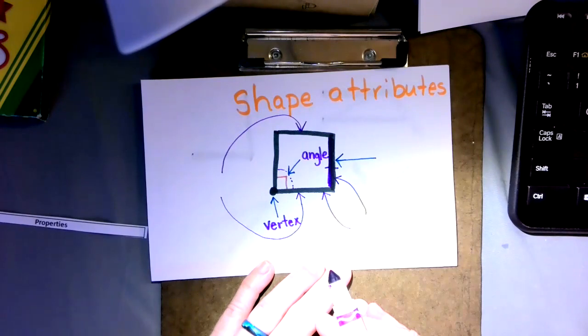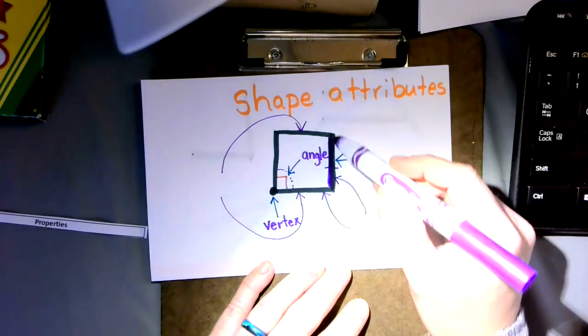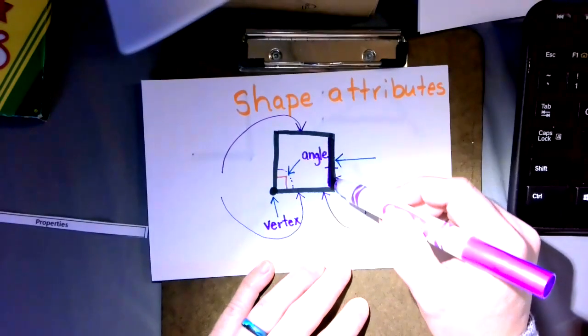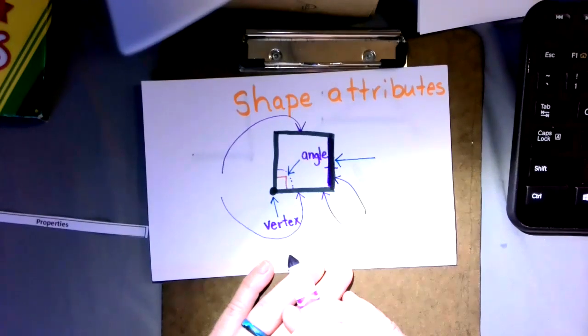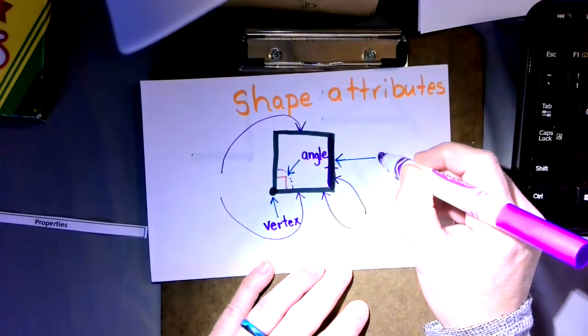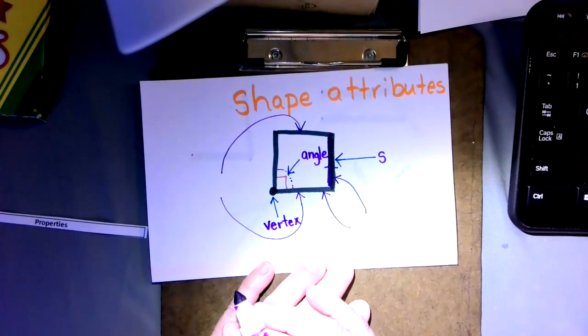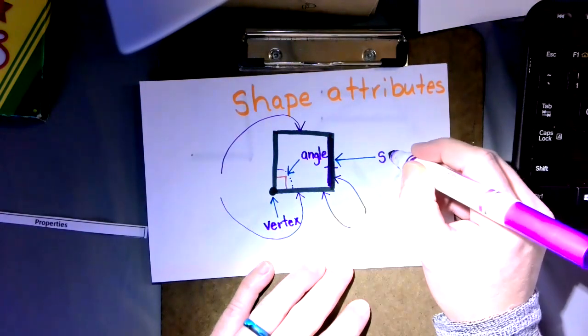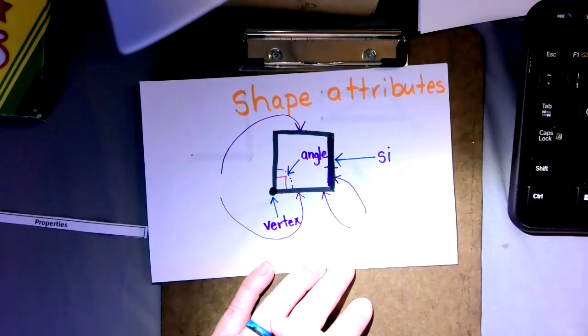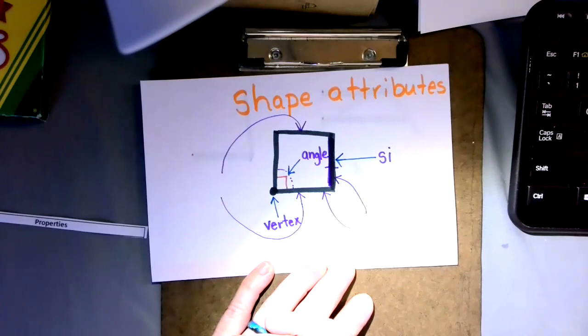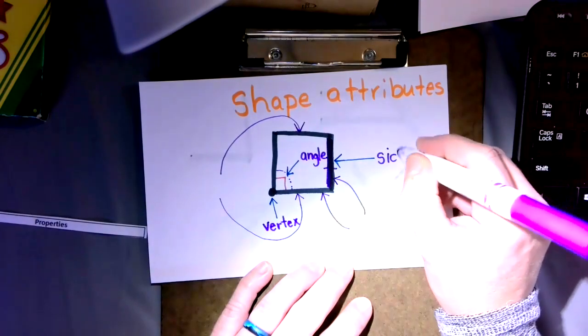It has 4. 4 angles. No, angles is in here. We're looking at this right here. What is that called? This shape has 4 angles and 4 sides. Sides. This is a side.